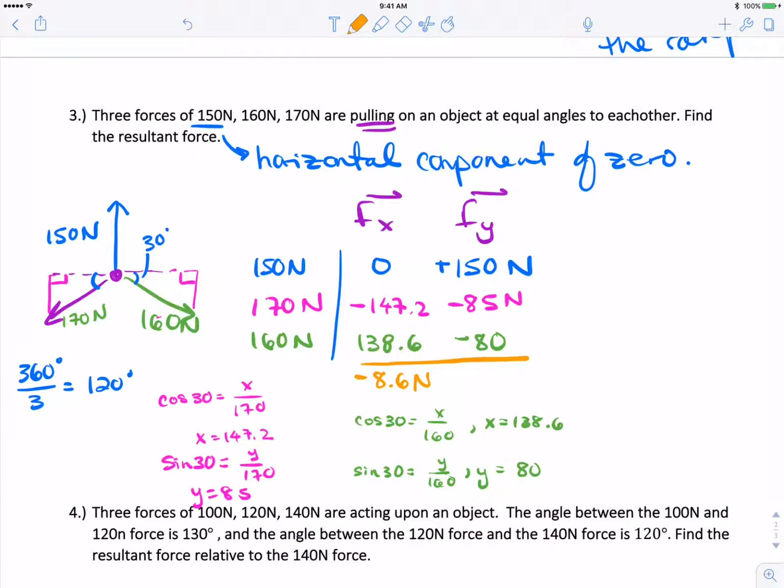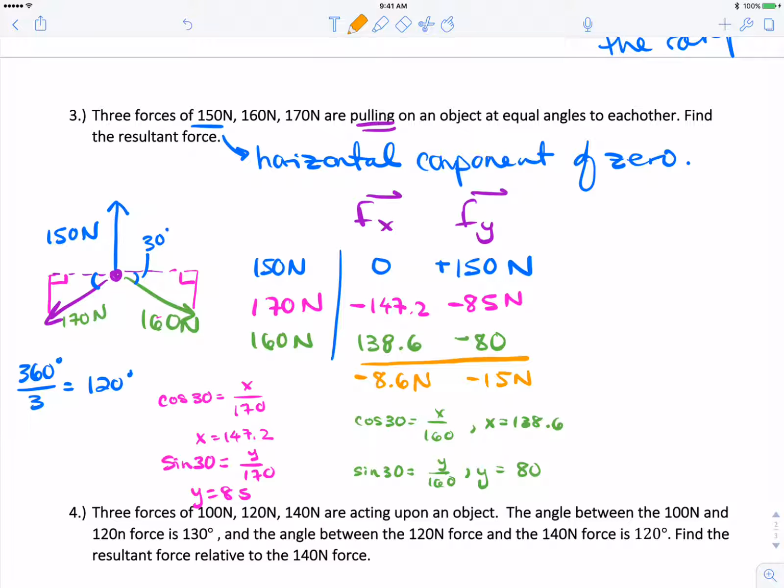Right, that's the x component, so 8.6 to the left, not down. 150 minus 85 minus 80 means I'm going 15 units down. So those are my horizontal and vertical components of my resultant.